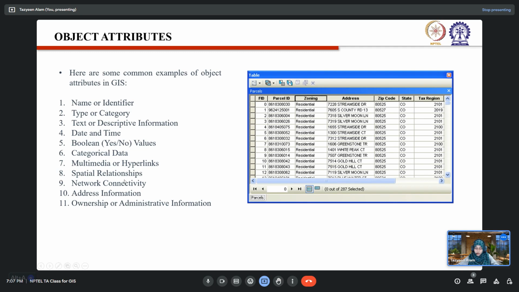Then you have spatial relationship, network connectivity, address information, which is here, and ownership or administrative information. For example, administrative information can be your postal code or zip code. It can also be your state. The postal code is more specific as compared to state, because postal codes vary within a state.